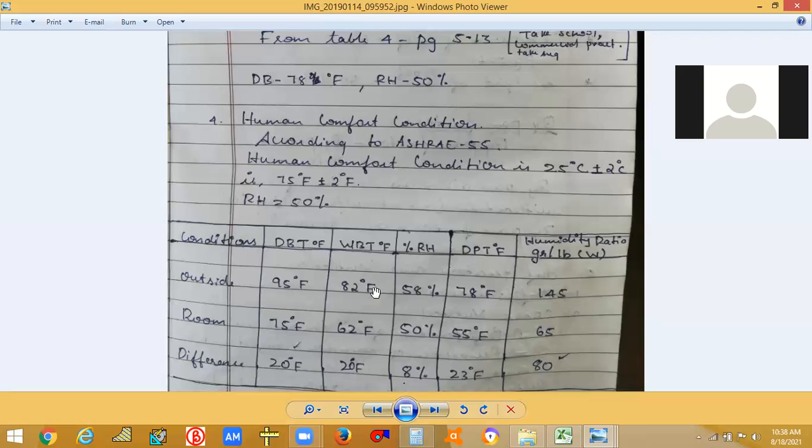If you get any two of these values, you could directly get all other values, okay, from the psychrometric chart. In the first class or second class, I have taught you how to take different values.